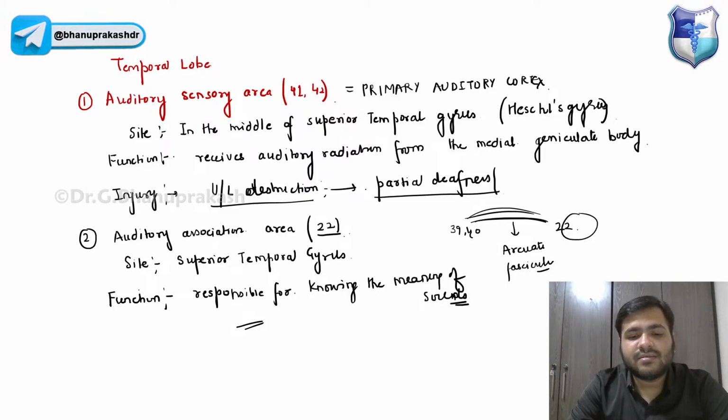Injury of this area, and remember it is in the dominant hemisphere, will lead to Wernicke's aphasia. The patient will have difficulty in understanding spoken language, or speak faster than normal, or have difficulty in finding the right words to express himself.